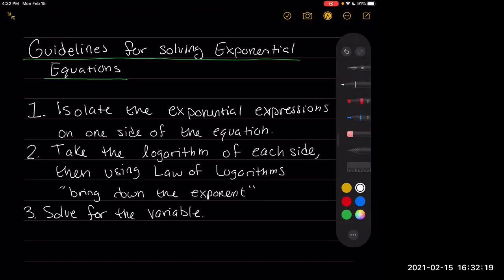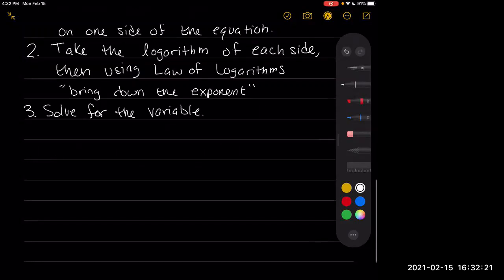So we're going to look at an example. A lot of this video is looking at examples, just so y'all know. All right, so we're going to consider 3 to the x plus 6 equaling 10.